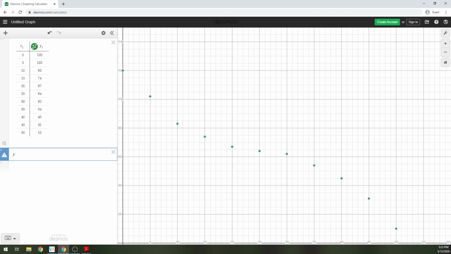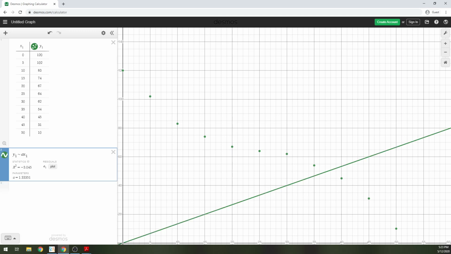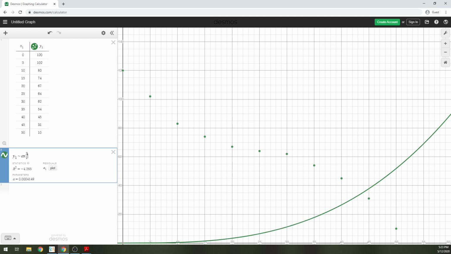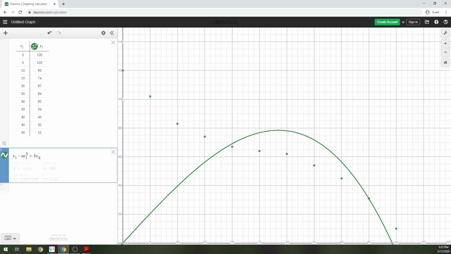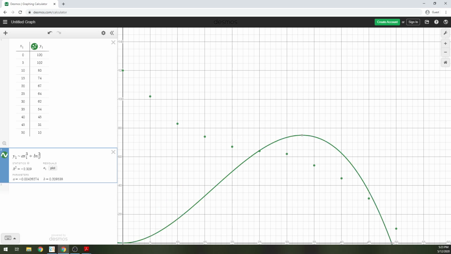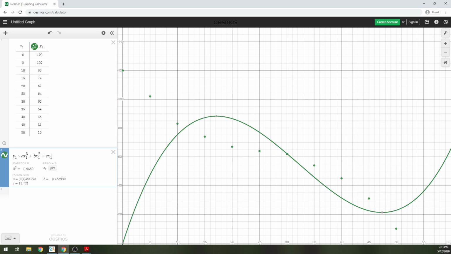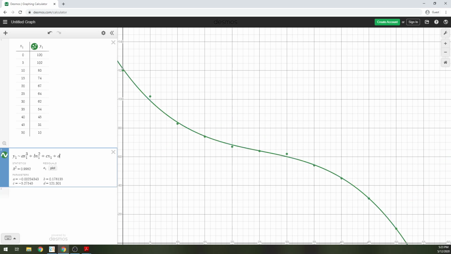So y_1 ~ ax_1^3, because it is going to be cubic, plus bx_1^2 plus cx_1 plus d, because for a cubic function you have four parameters: the one that's cubic, the one that's quadratic, the one that's linear, and finally the constant. So we need to find all four of them, and we have the parameters a, b, c, and d.